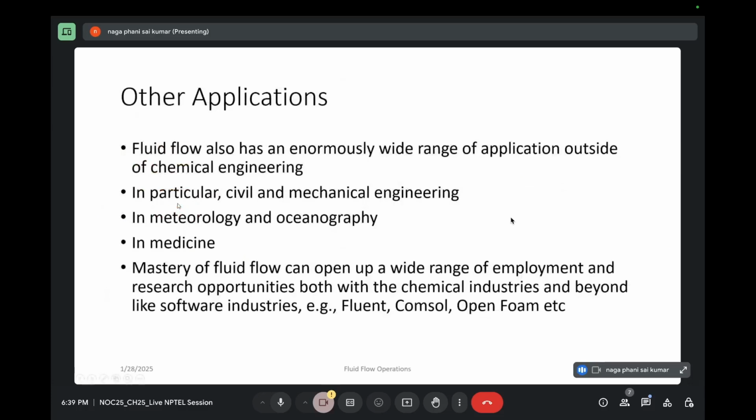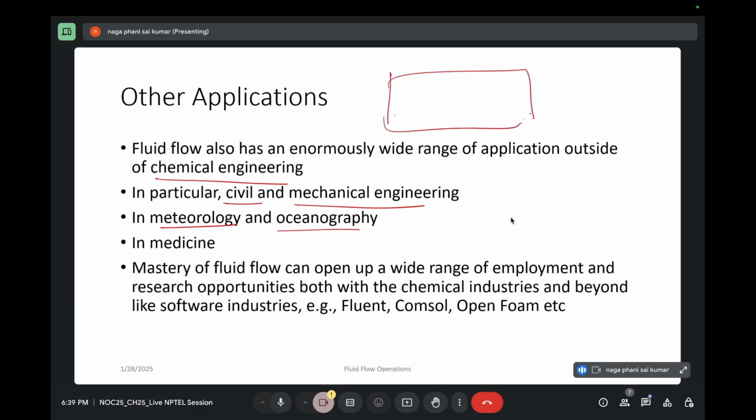Apart from this, fluid flow operations also have many other applications. They'll be used in chemical engineering. Apart from that, they'll also be used in civil and mechanical engineering, and in meteorology and ocean engineering as well, to know the weather patterns. Basically, clouds or air will be flowing from one region to another region across the world.